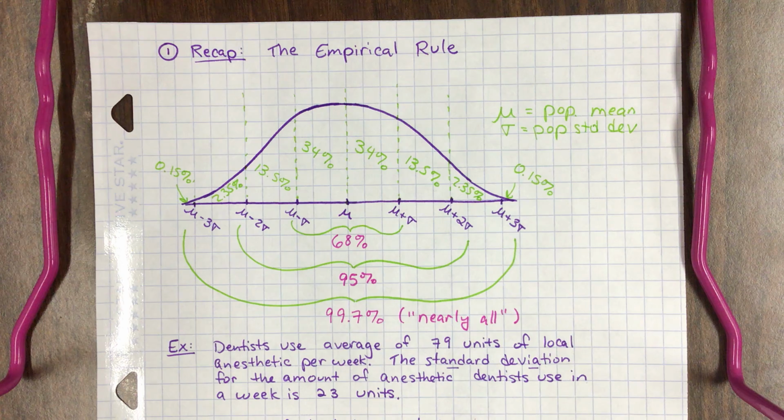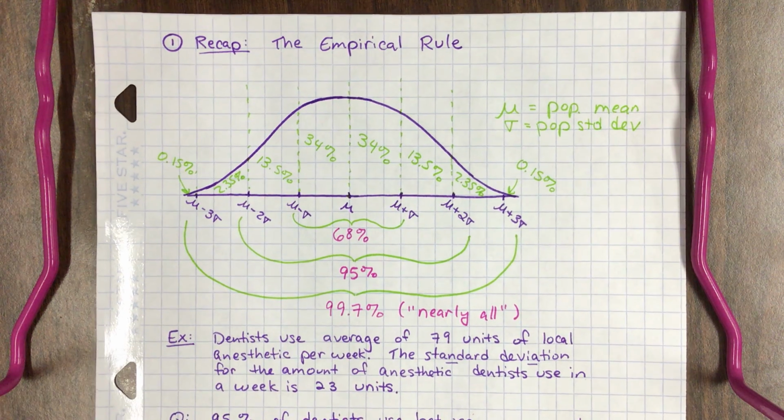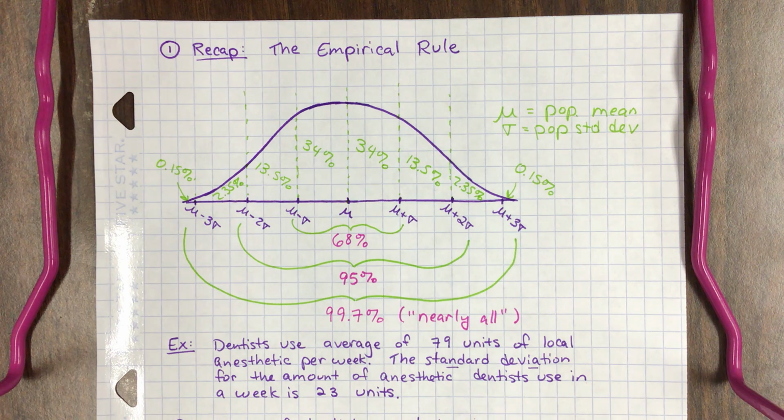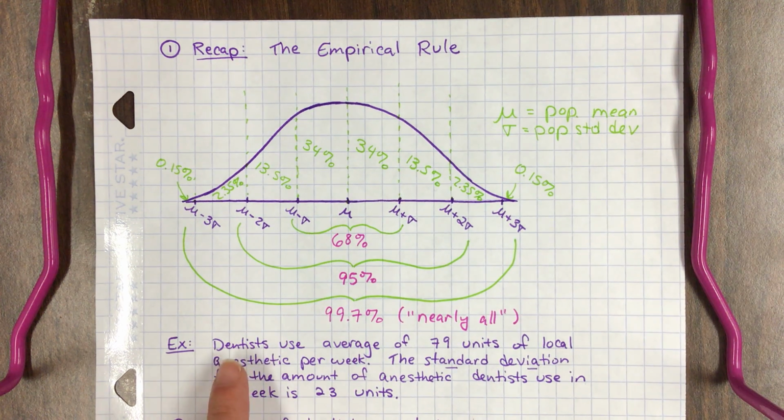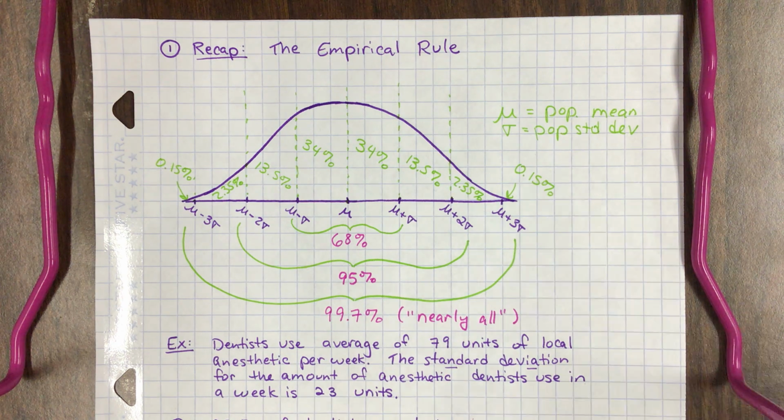We're going to illustrate the empirical rule with an example, and in the next video, I'll go deeper into this example and do a little more with it. So this is just to get us started. We're going to take the example of dentists in the US and how much local anesthetic they use in a week.